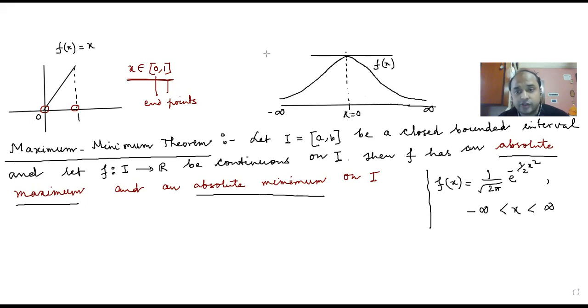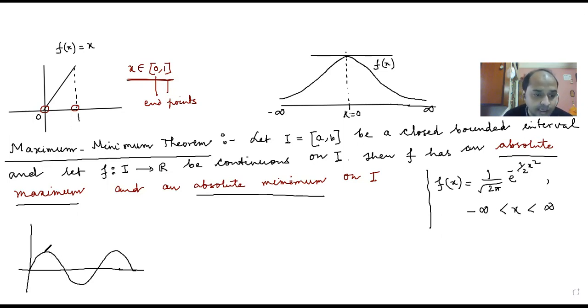In the case of relative maximum and relative minimum, the situation is different. Suppose I draw a known curve, like the sine or cosine curve.